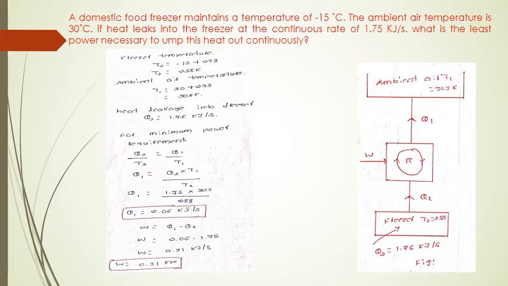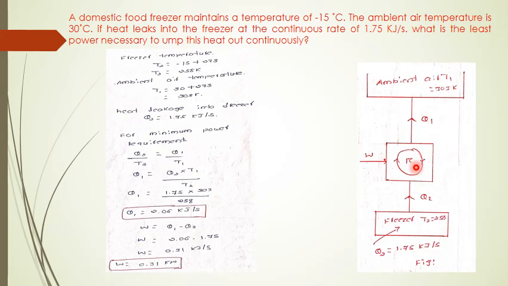Now the next problem. A domestic food freezer maintains a temperature of minus 15 degrees Celsius. The ambient air temperature is 30 degrees Celsius. If heat leaks into the freezer at the continuous rate of 1.75 kilojoule per second, then what is the least power necessary to pump this heat out continuously? This is the given problem, and we can refer to the diagram here.